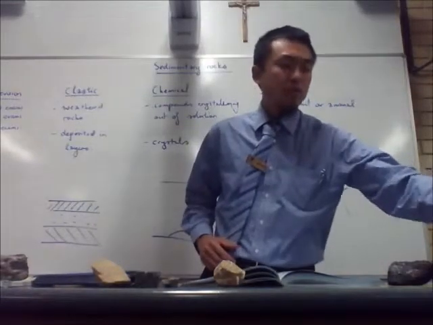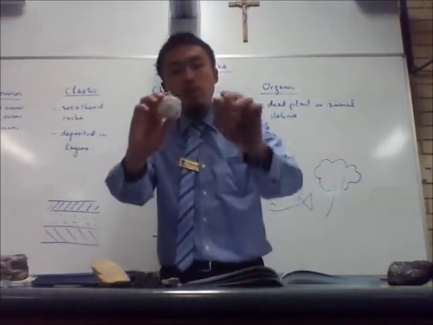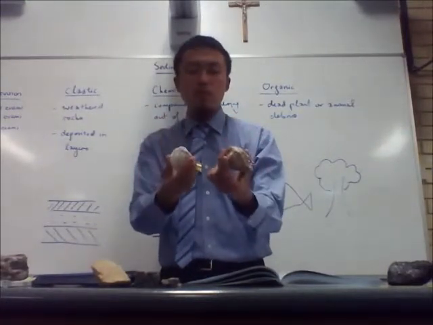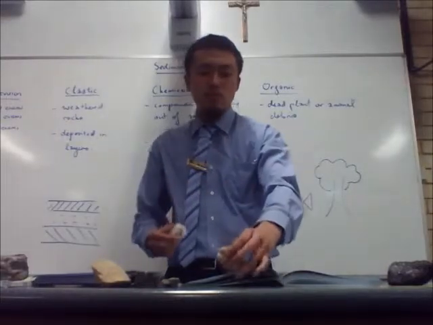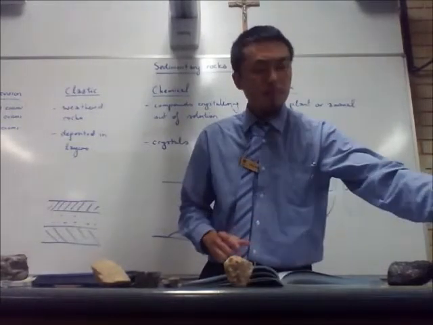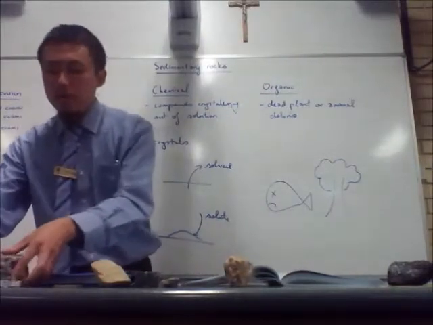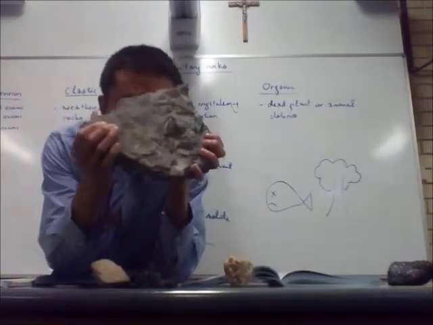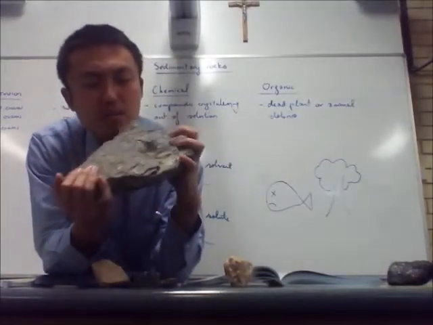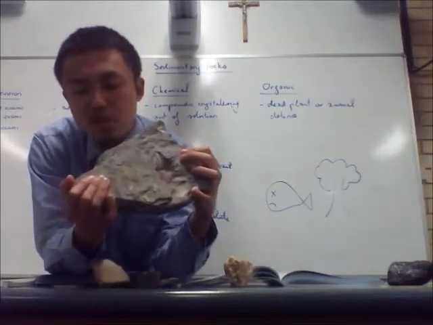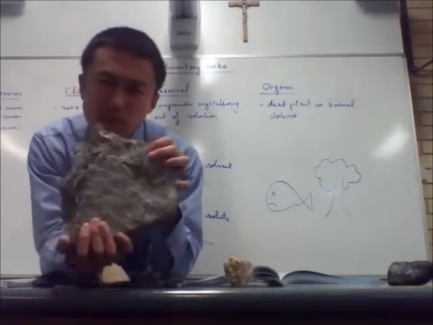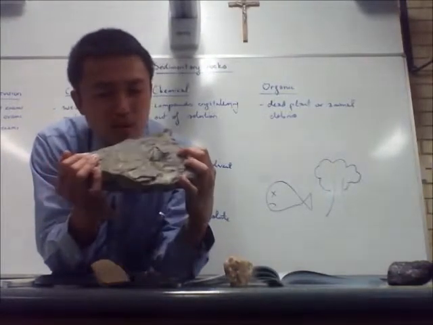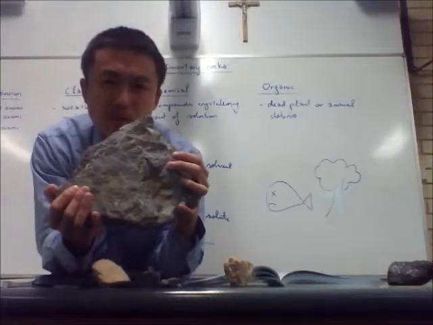I have another piece of limestone, and as you can tell, compared to my first one, it looks completely different. They're both limestone, calcium carbonate. And here I have a piece of, I think it's mudstone, but I'm not 100% certain. If you look at it very closely, you can see that there are prints of some kind of shellfish or some organism that was alive in this bunch of sediments.